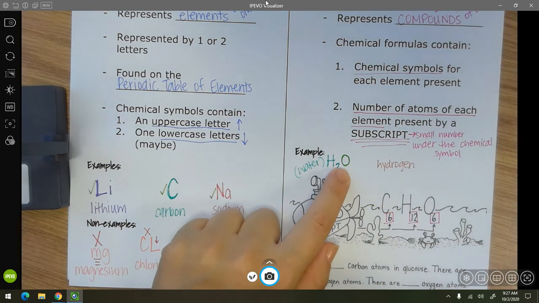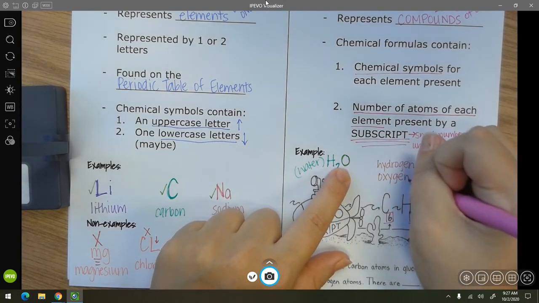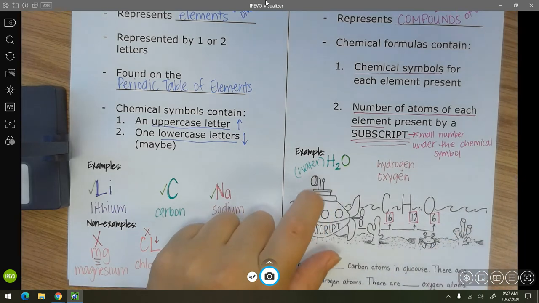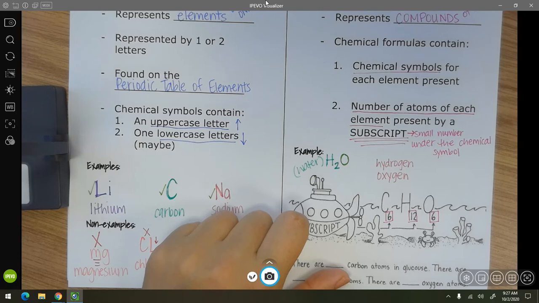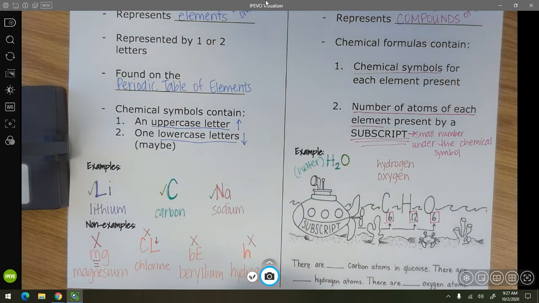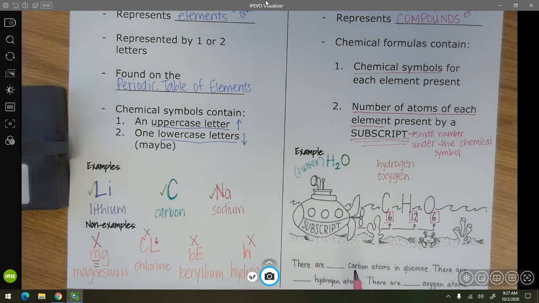And we also have an O, which hopefully you know you can recognize as oxygen. So we have hydrogen and we have oxygen. Okay, those two go together. So a lot of ways to figure out if it's a chemical symbol or a chemical formula is to look on your periodic table of elements, and if there aren't those letters together, that means that they are separate, two different chemical symbols that have come together and are bonded chemically.